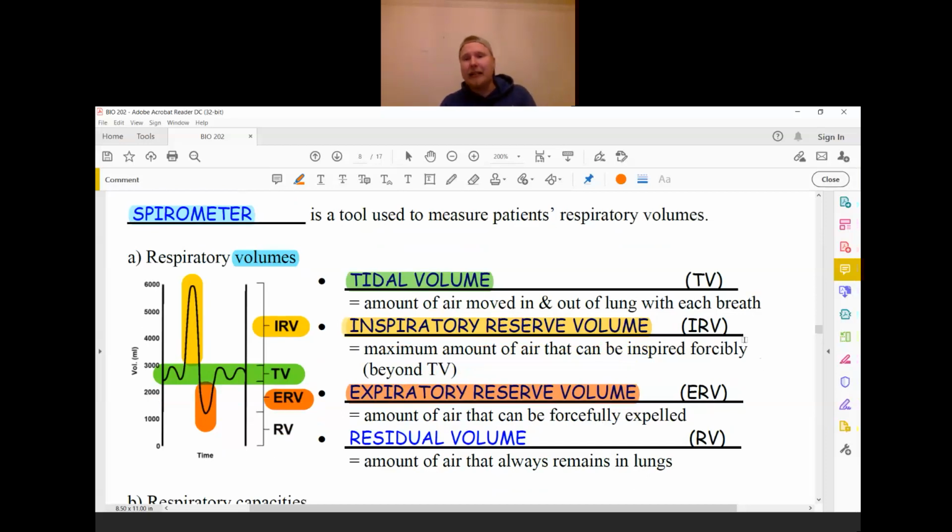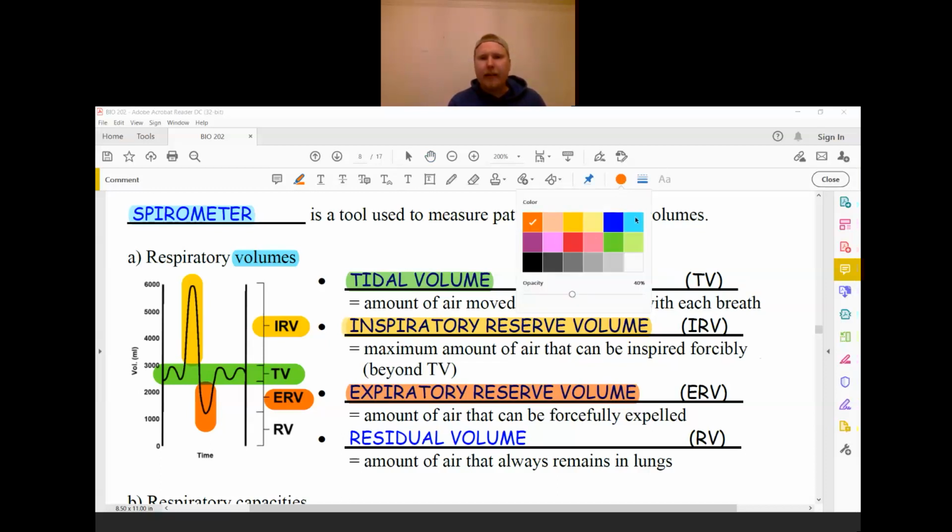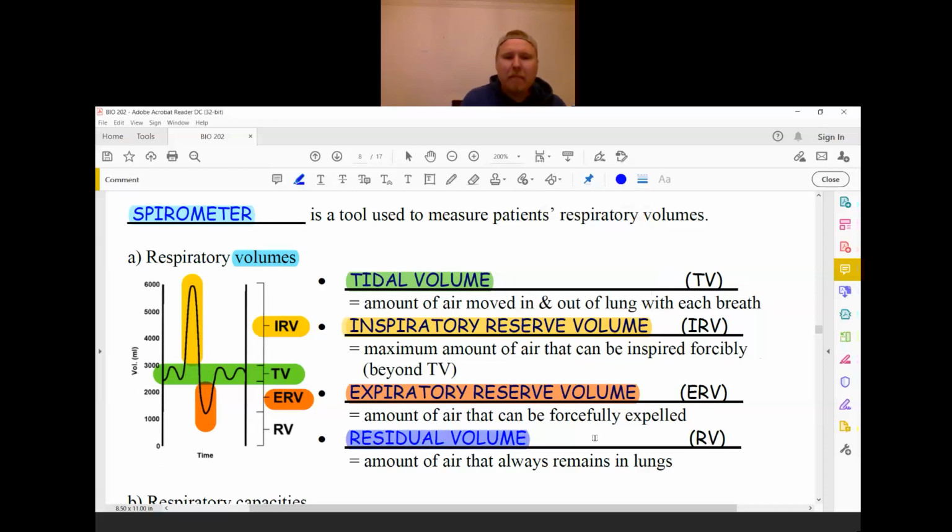And this leaves us with the residual volume, which is the measure of the amount of air that always remains in the lungs, that cannot be breathed in, cannot be breathed out. There's always some amount of air, for example, in the respiratory tree, or in alveoli that are non-functional. The air stays there but doesn't really participate in any kind of movement.